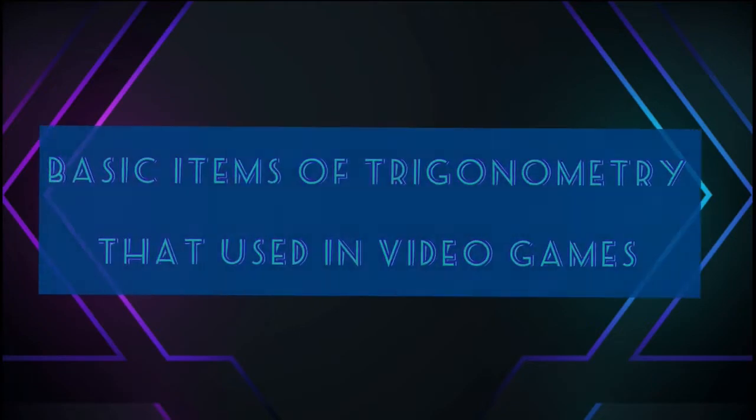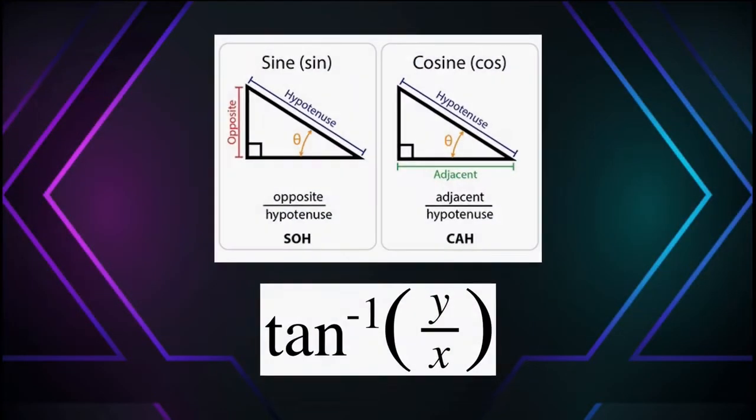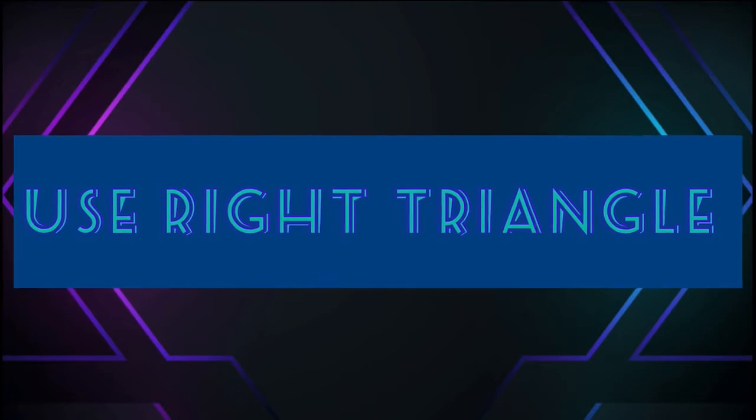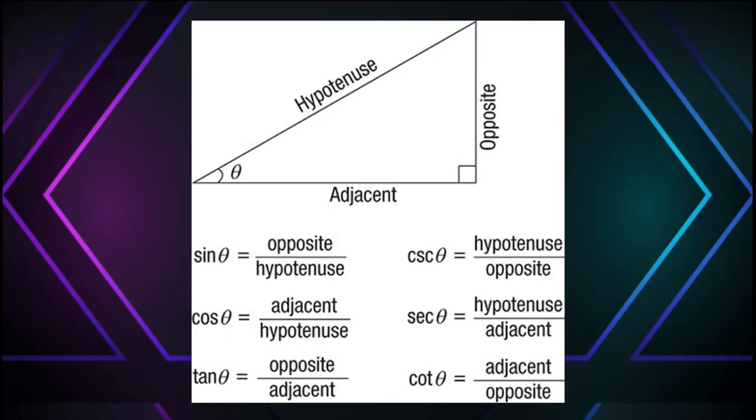The basic items that we use in game development are sine, cosine, and inverse tangent. We also need to use the right triangle. It is about the length of 1, 2, or 3 sides of a triangle and the measure of 1 or 2 angles to find the remaining or unknown lengths and measures.